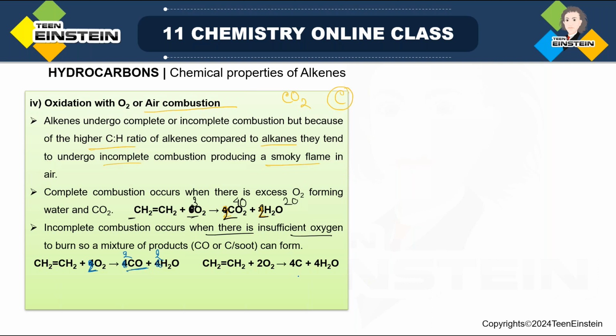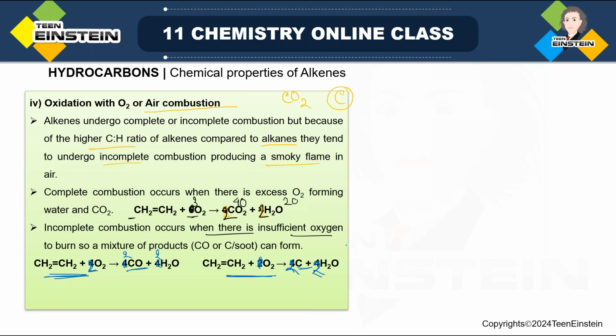Another possibility is there, where this is 2, this is 2. So total number of oxygen is O2. Now look at the ratio. In the previous case it is 1:2, but now it is 1:1 oxygen, that is, the mole ratio is 1:1. When you are supplying oxygen so less that it is even lesser than the previous one, now even CO is not formed.